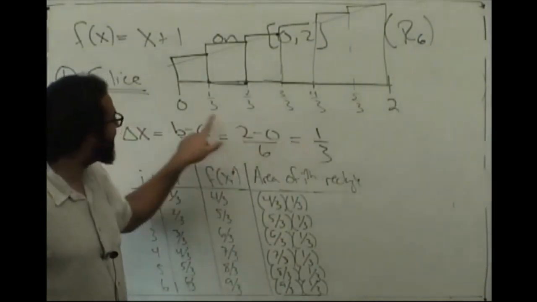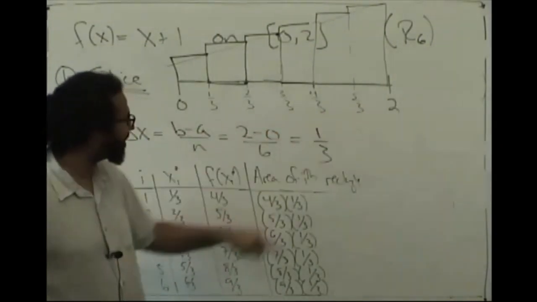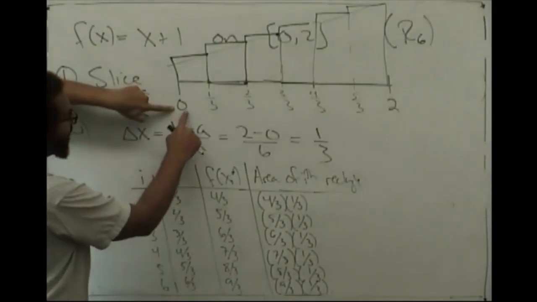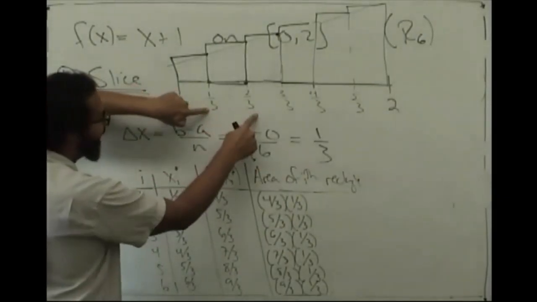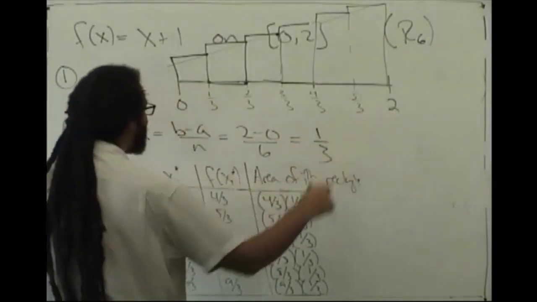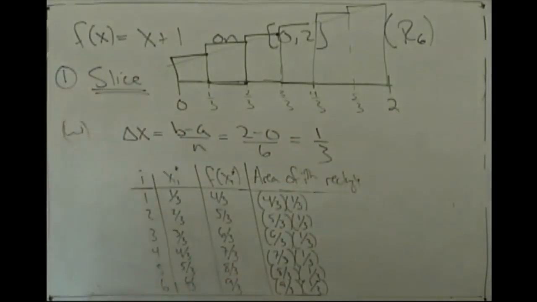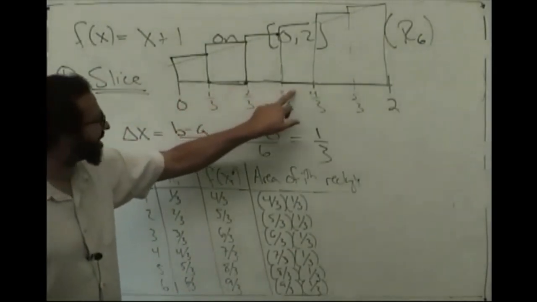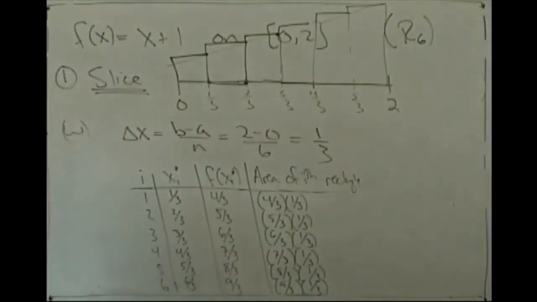So the width of each one of these is 1/3. I start at 0 and add 1/3, and then add 1/3, and keep doing that until I reach the other endpoint, which is 2. That will give me 6 equally spaced subintervals.